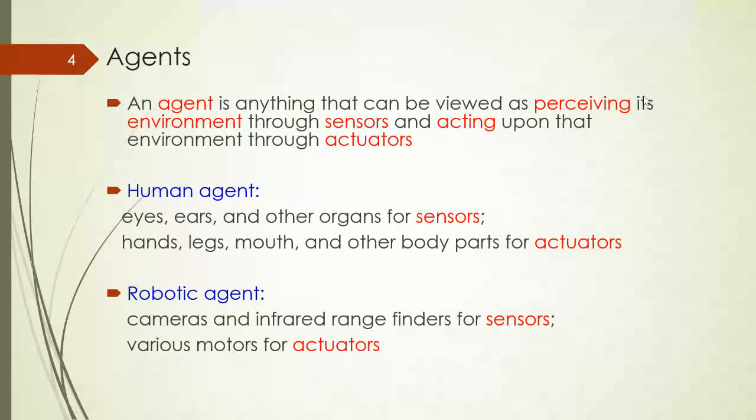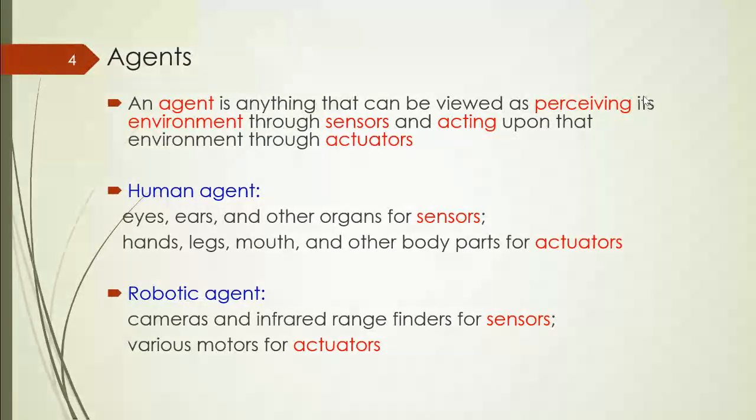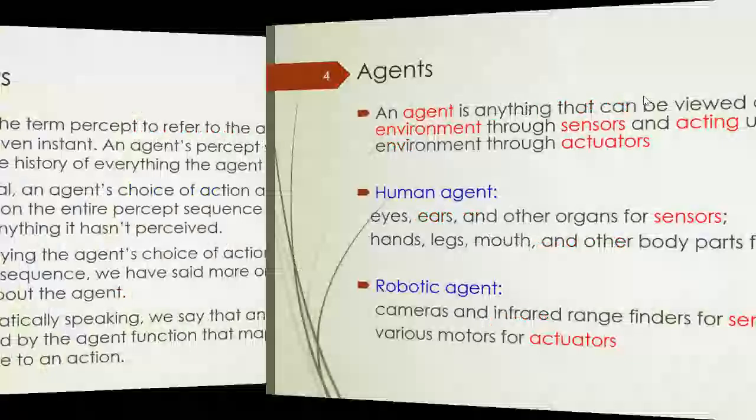In a robotic agent, on the other hand, you can consider things like cameras and infrared range finders, and other types of sensors you have for different kinds of measurements and environment interaction inputs, and actuators, things like motors, hydraulics, and pneumatics. These are the actuators or outputs of that agent.